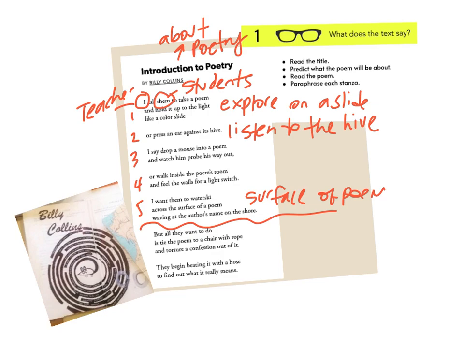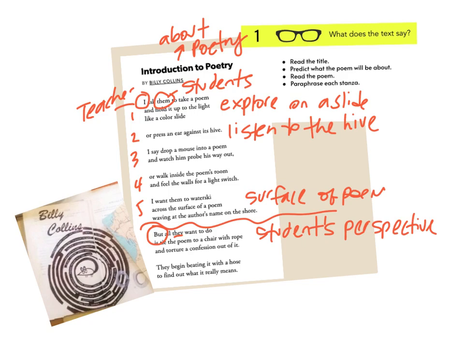This is how the teacher wants the students to look at the poem. And this word here, but all they want to do, so this is from the students' perspective, is kind of torture the meaning out of the poem. They want the poem to confess.